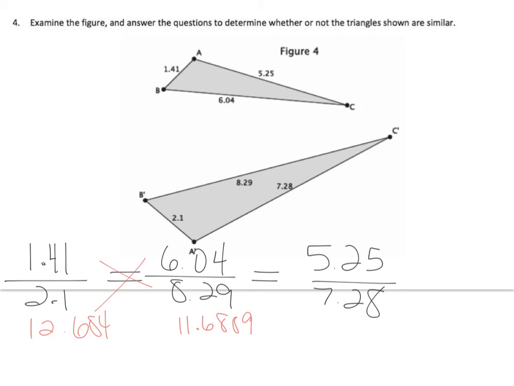I just checked the first two ratios, checked their cross products, multiplied down, and didn't get the same answers. I could also just do division, 1.41 divided by 2.1, which gives me 0.67 and a bunch more numbers, and then 6.04 divided by 8.29, which gives me 0.728 and a bunch of numbers.